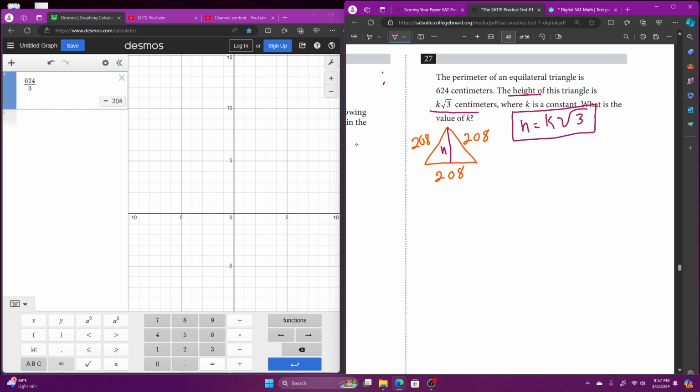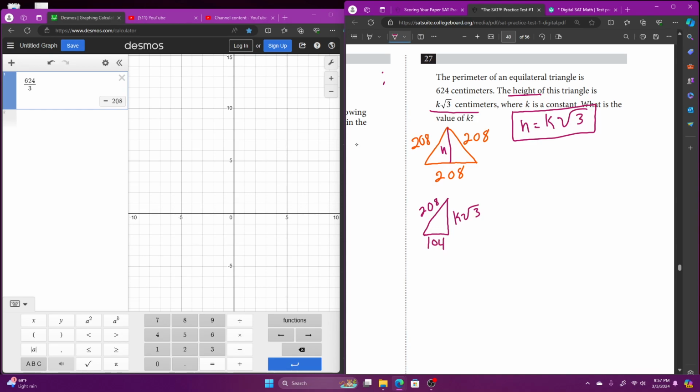So right here, I'm going to just look at half of my equilateral triangle. This side stays 208. My height is k square root of 3. And when I am looking at half of my triangle, I'm going to cut the base in half. So instead of 208, it's going to be 104.